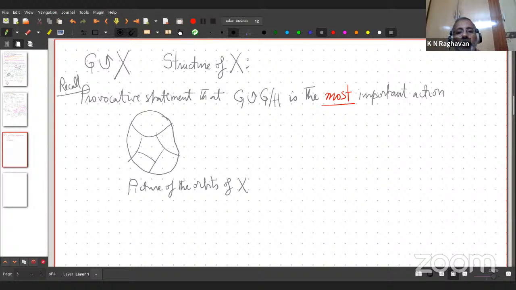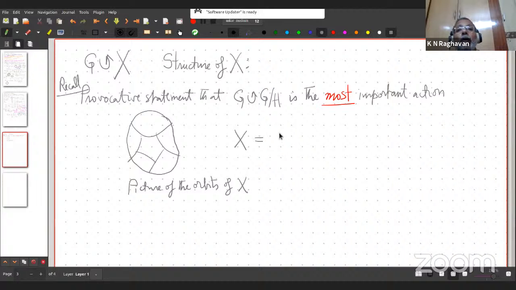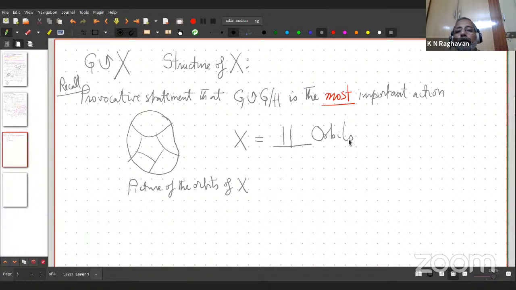So what I have is X is equal to the union of orbits, disjoint. So this means disjoint union.